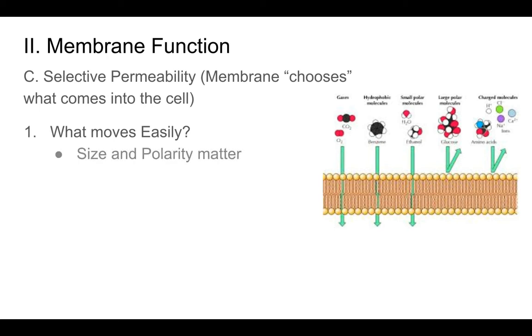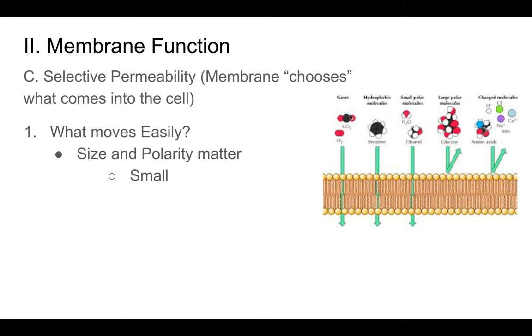So what comes in easily? Well, there are 2 characteristics or qualities of a substance that determine whether or not it's going to cross the membrane: its size and its polarity. Small things move through the membrane really, really easily. Over here on this picture, you can see oxygen and CO2.